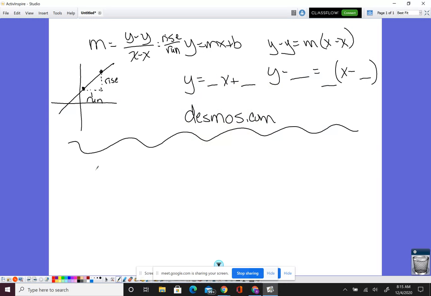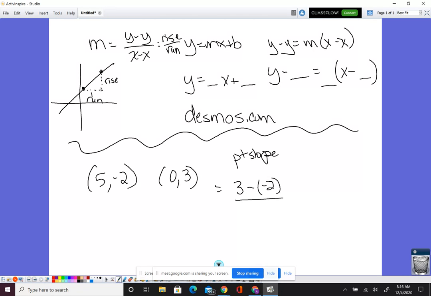Okay. So if I give 5, negative 2, and 0, 3, and I say create an equation of a line using point slope. We have 2 points. We need to figure out the slope. So we calculate it. 3 minus negative 2 over 0 minus 5.